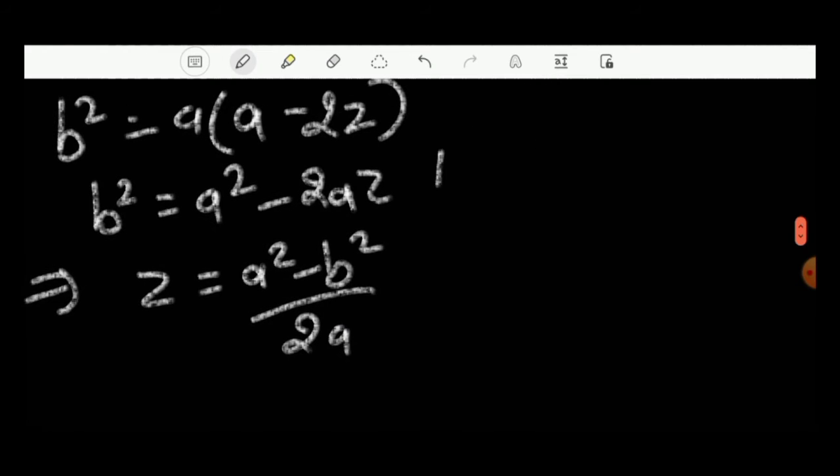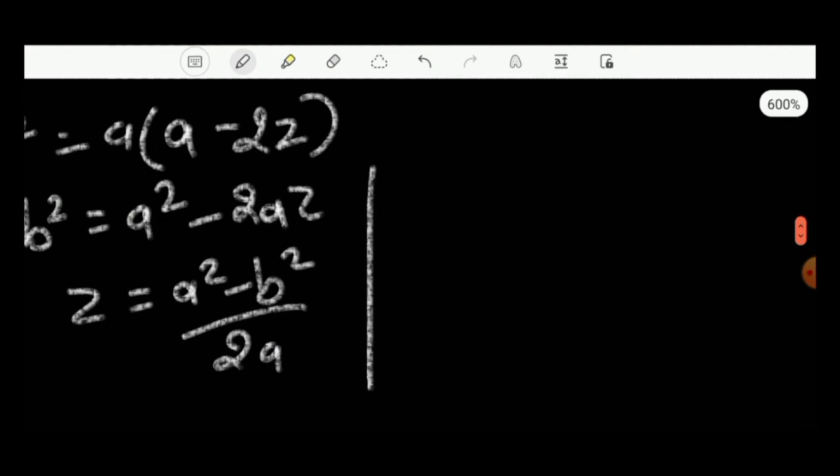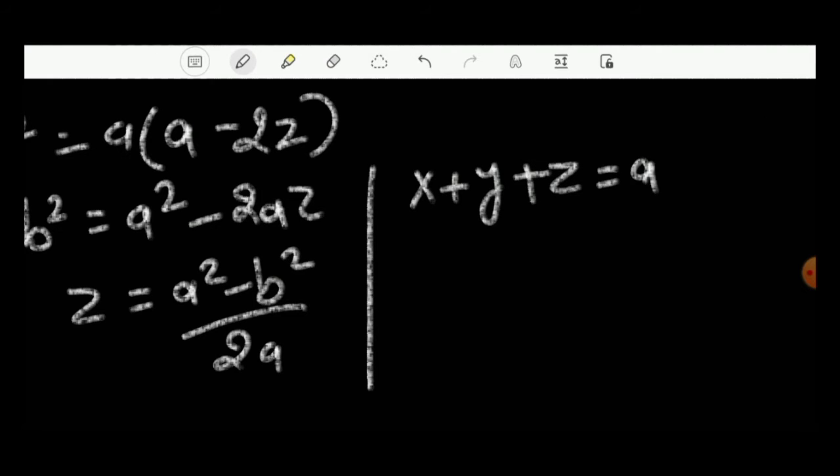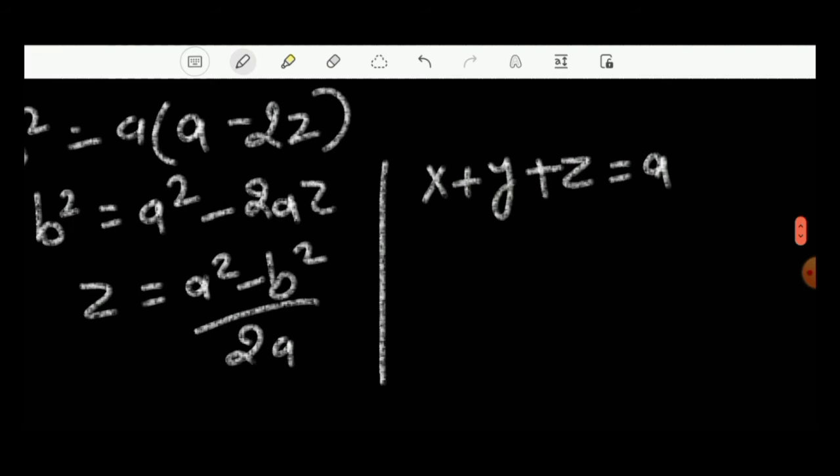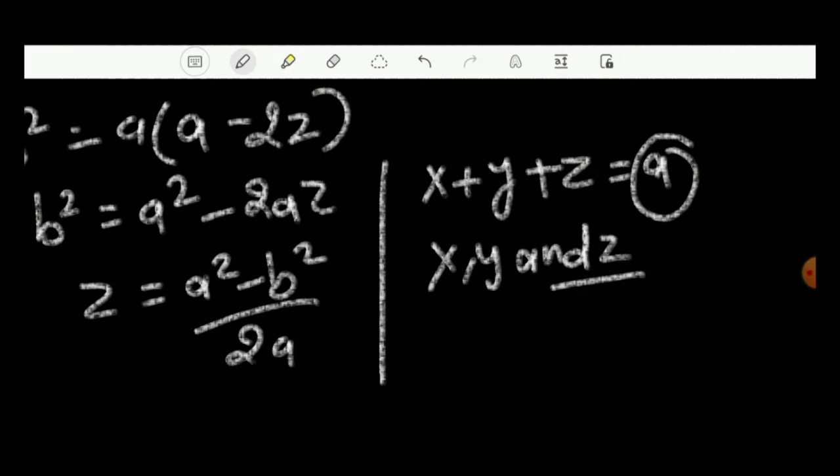And since we know that x plus y plus z is equal to a, and x, y and z are positive, this a must be a positive number.